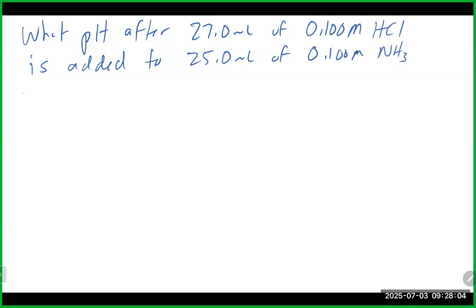The Kb for ammonia, 1.8 times 10 to the minus 5. All right, give it a go, see what you come up with.